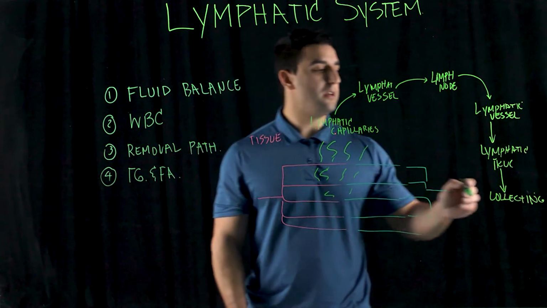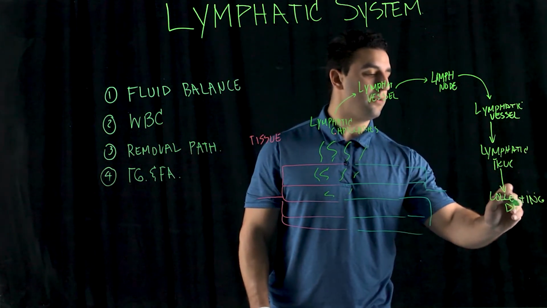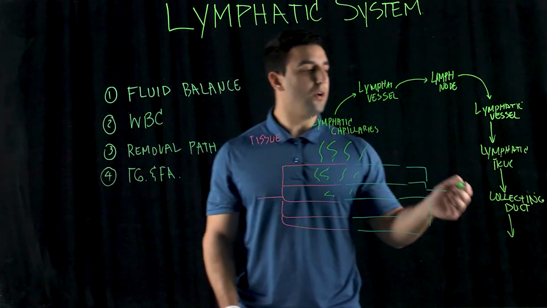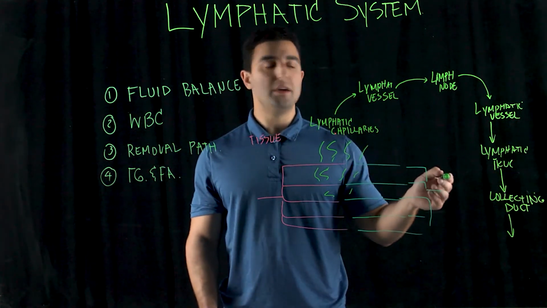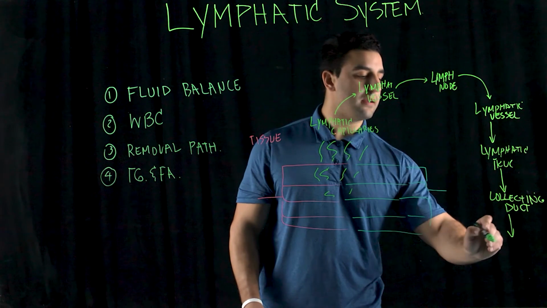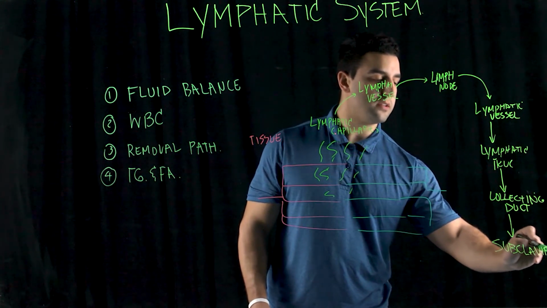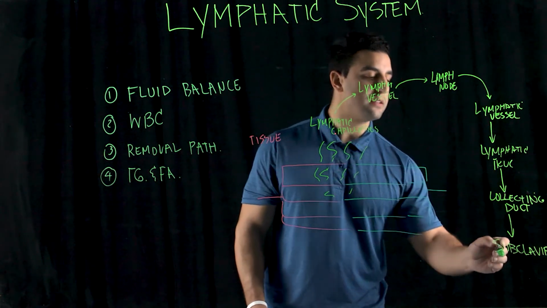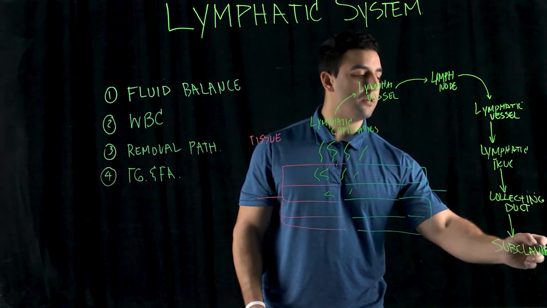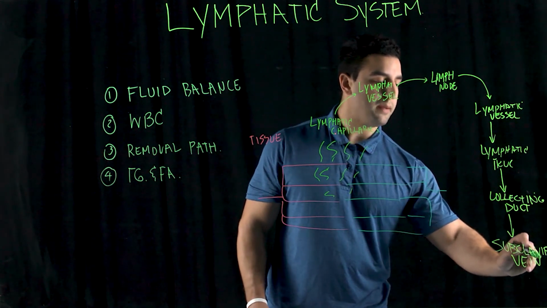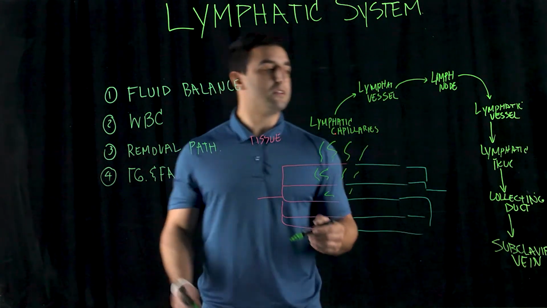The duct now branches and becomes an actual vessel. All of this lymphatic fluid gets transported back via the subclavian vein. What is the subclavian vein? Where is it? Well, sub means below the clavicle. The subclavian vein brings it back into the bloodstream, and now it can re-enter the bloodstream.